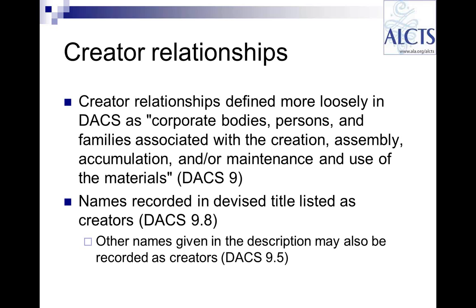DACS also includes some examples of what would be the equivalent of relationship identifiers, such as author, collector, artist, cartographer, photographer, as relationships of creation, which, again, looking at Appendix I of RDA, can sometimes get a little murky when dealing with archival materials.